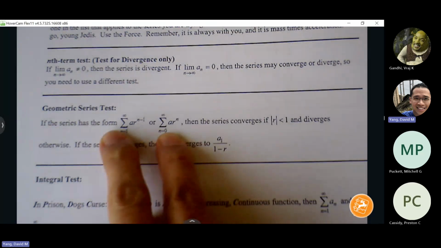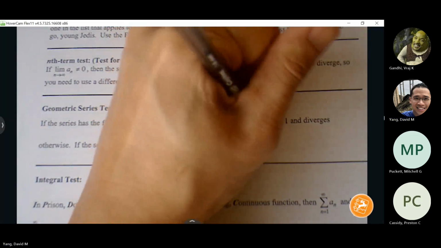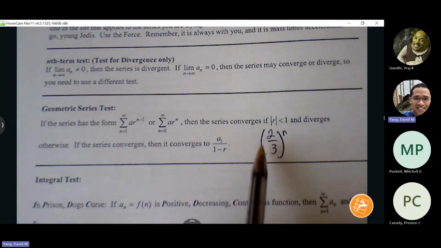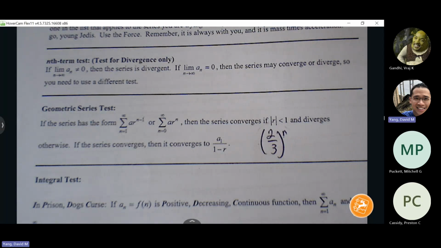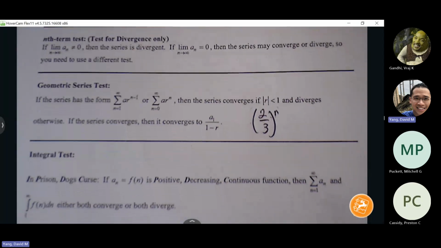Geometric series tests. If I can see something like a constant ratio raised to the nth power, or if everything is multiplied in a way where I can move things around and get it into like a 2/3 or a fractional value raised to the nth power, that's usually a good indication that it's going to be a geometric series.